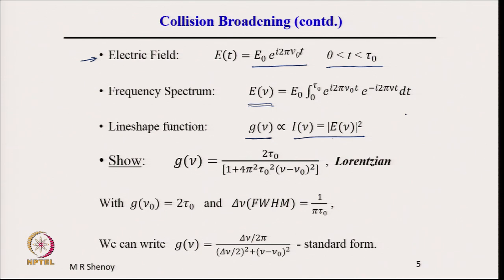Intensity spectrum, we are talking here of the spontaneous emission intensity. So, intensity spectrum I of lambda or I of nu versus nu around a resonance nu 0.